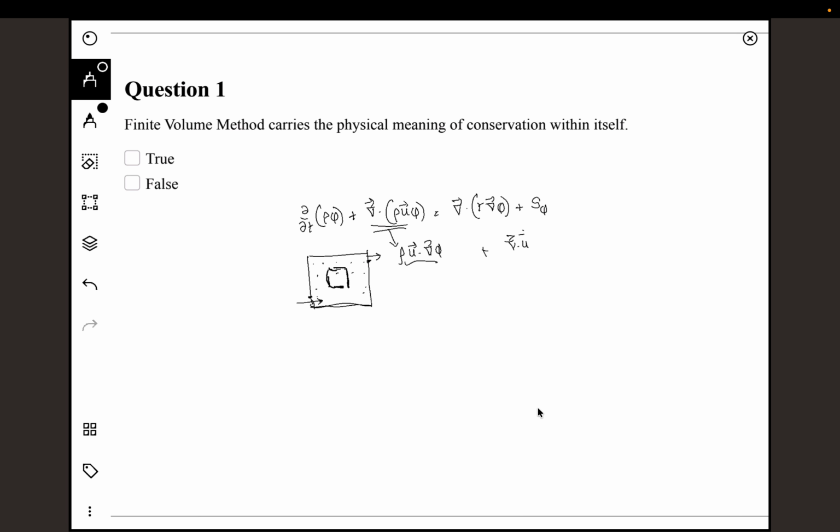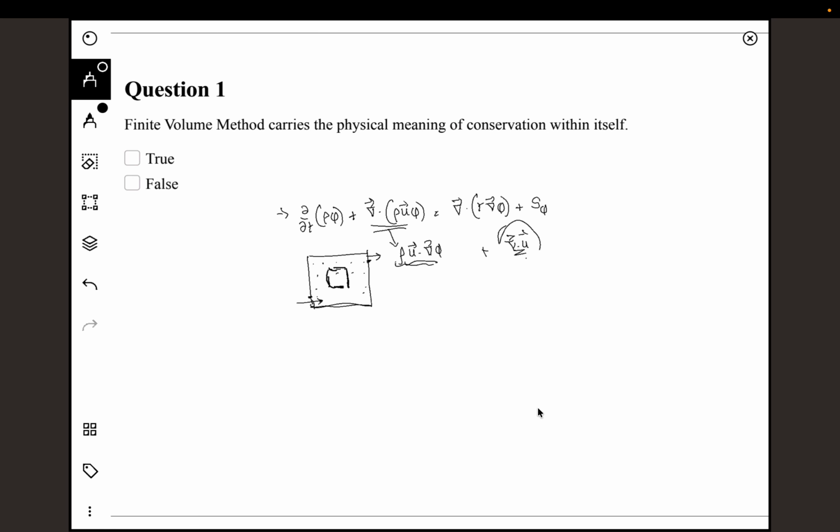You'll have some term considering this thing, which basically conserves your mass for incompressible flow. This term we are assuming to be 0, and then we are discretizing with the finite difference form. In finite volume, we're actually solving this equation, and we're using an integral formulation where the size of the control volume doesn't matter.